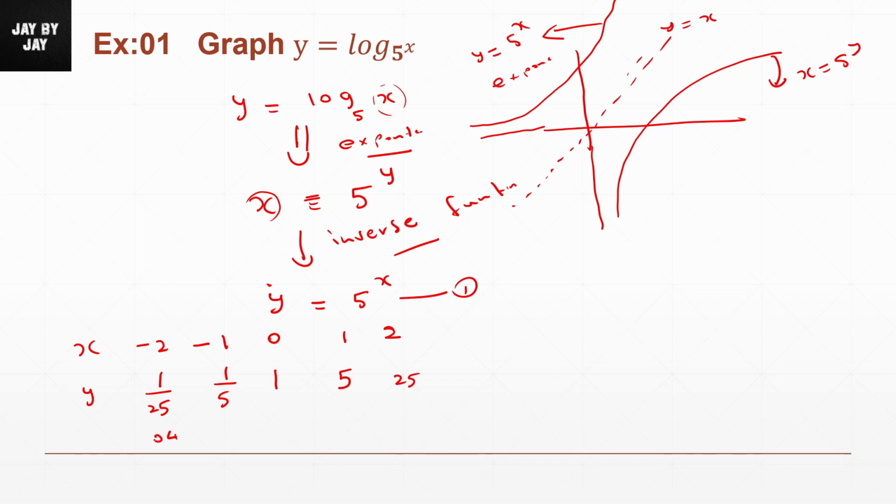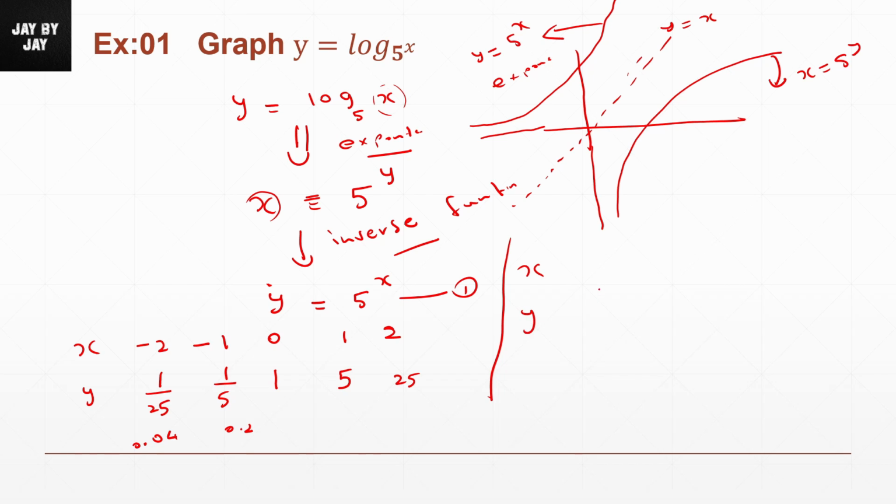For 0.04, here you will get 0.2. Okay, so now you know this value according to this one, but you actually need to find out this one. How can you find this one? You need to interchange the x and y values.